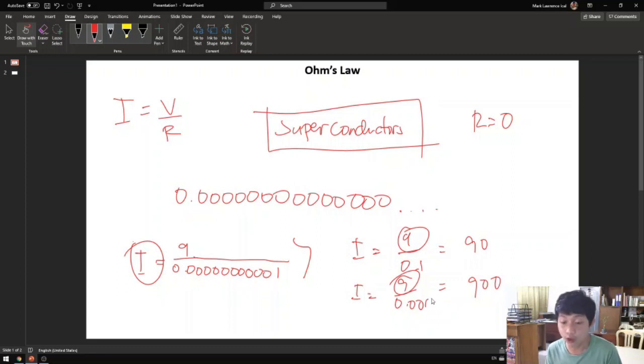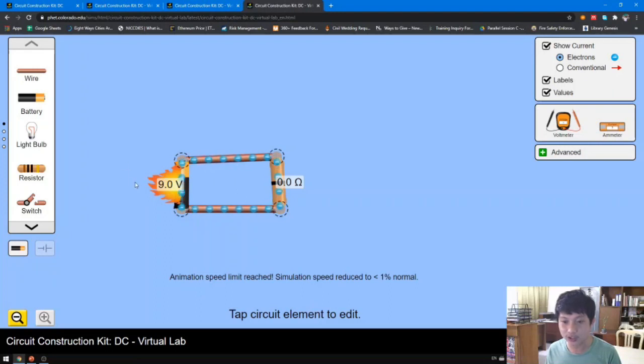So if you have an almost zero resistance, you're practically making the current very big. That is the reason why the battery here is signified with the flame, because it's too much already. That is basically the limitation of Ohm's law, because it is not really true for all cases.